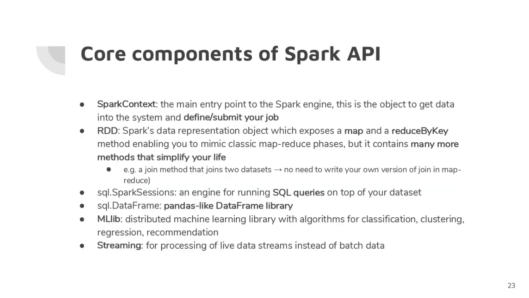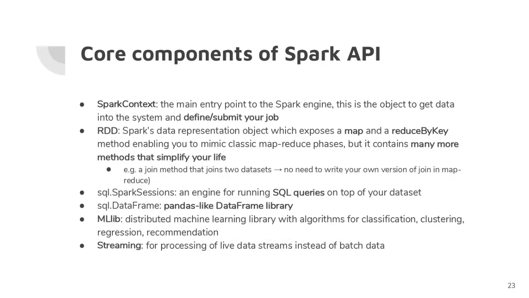So what are some core components of the Spark API? Spark is an API, actually it's in Java, but you have many bindings. For example, we use PySpark, which is a Python binding for the Spark API, but there are also different programming languages like Scala, which is specifically designed for writing distributed programs.